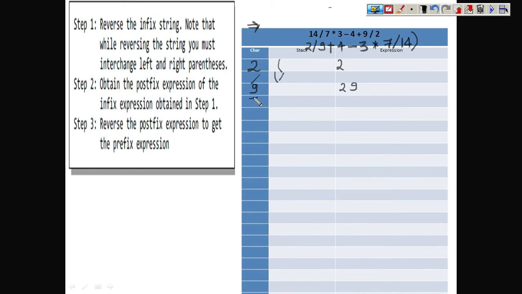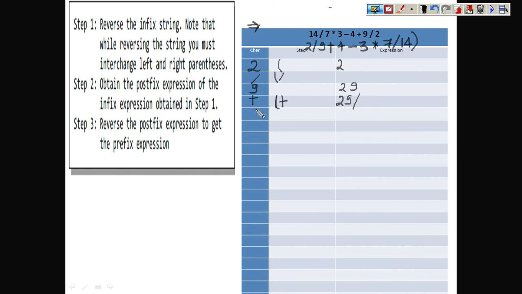Then plus. Now when you read plus, you will find that inside the stack we have an operator which has higher precedence. So we pop this and add it to the B and push the plus to the stack.